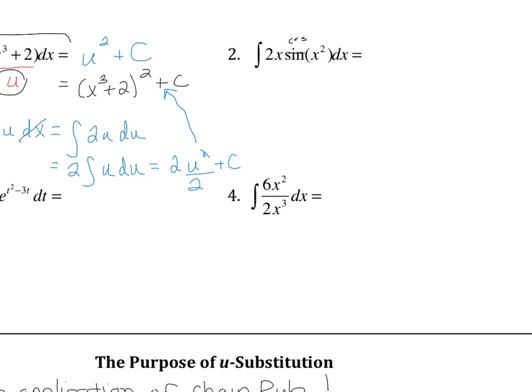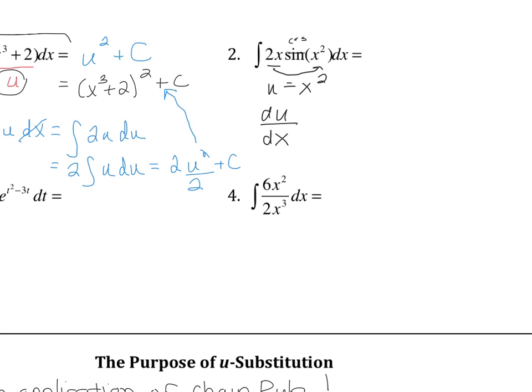Okay, and remember, that's 2x cosine x squared dx. So in this integral, I do see a function and its derivative, right? The derivative that I see is 2x, and it is the derivative of x squared. That tells me to make u kind of like my parent function, right? So u is x squared, and then I'm going to get du dx.